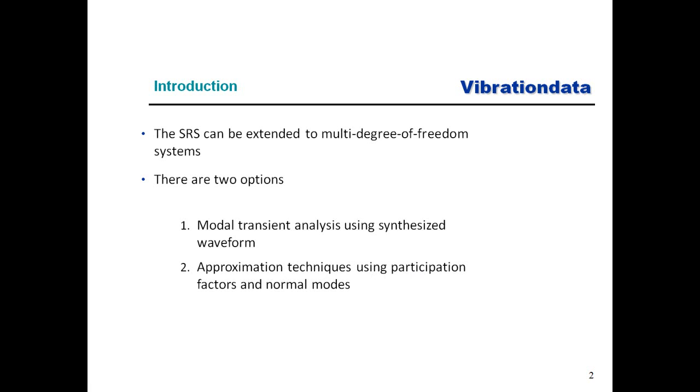And there's some things I need to do. Let me back up a little bit. If we have modal transient analysis results, it's reasonably easy to post-process the data for stress and strain. For the approximation technique with the multi-degree freedom SRS estimates, I don't have a method to show you today for taking those values and converting them to stress and strain.